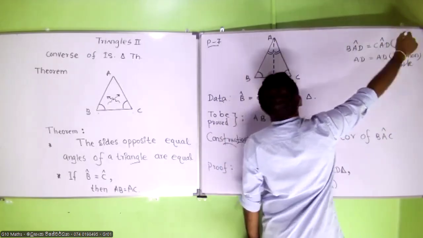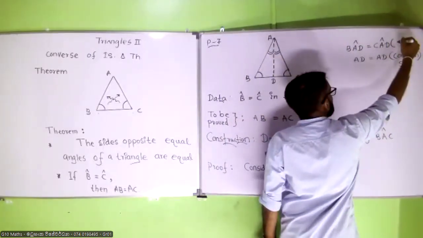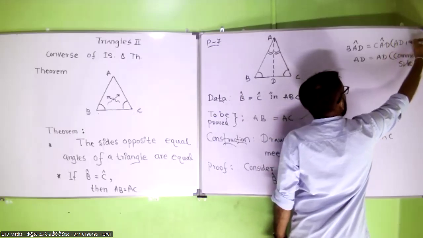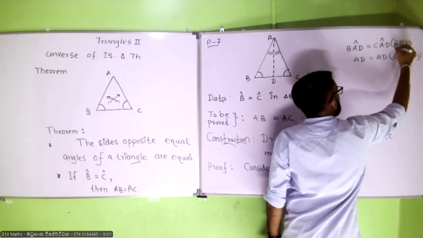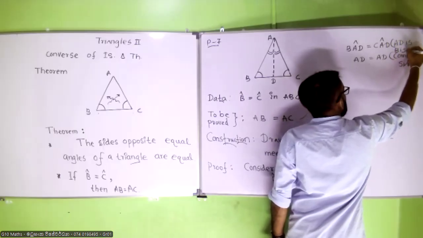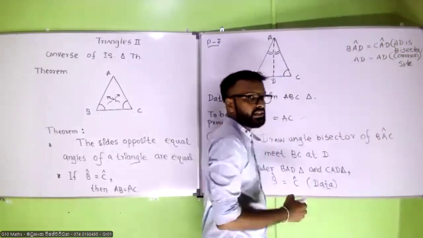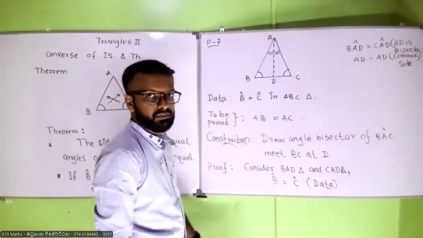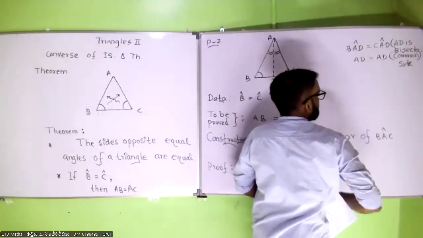AD is the bisector of angle BAC. That is the reason. AD is the bisector, so that BAD equals CAD. So this is angle, side.